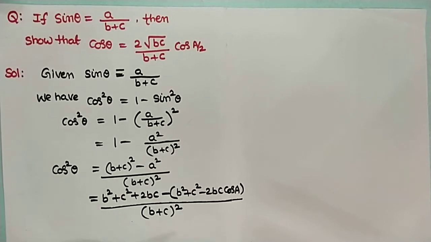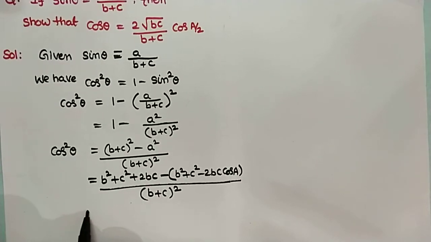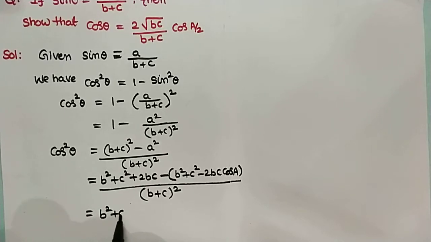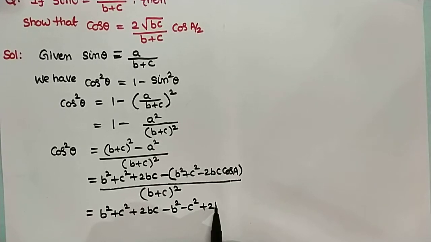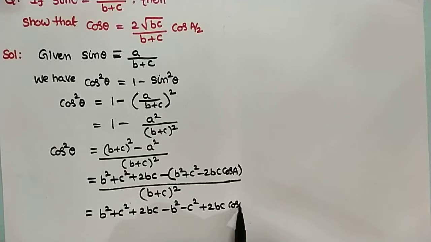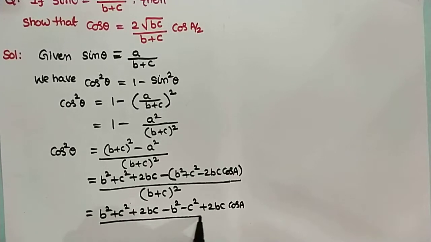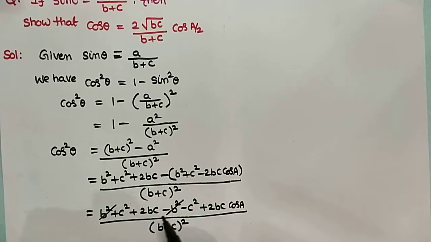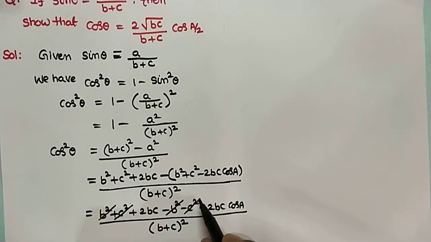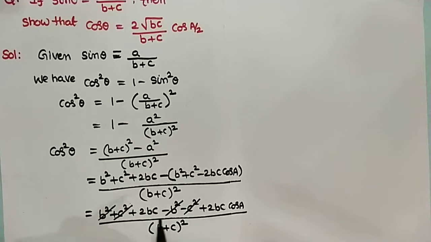Now one by one we can simplify the steps, which is equal to b square plus c square plus 2bc minus b square minus c square plus 2bc cos a, divided by b plus c whole square. So b square minus b square and c square minus c square get cancelled. After that, 2bc is common in these two terms.